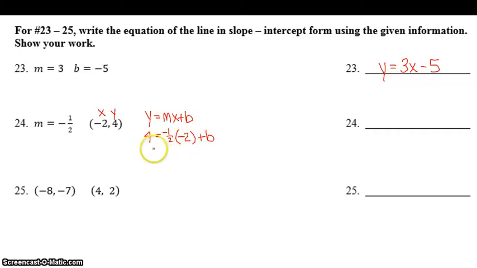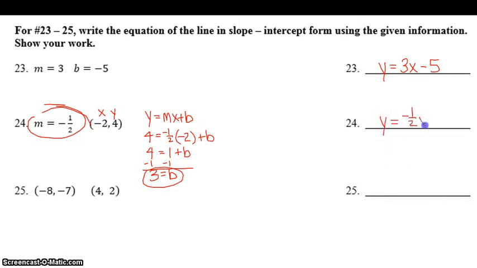Multiply negative 1/2 times negative 2 is positive 1. So then minus 1. So for this one, b equals 3. So slope and your b. So y equals negative 1/2 x plus 3. Okay, so that goes with that problem.